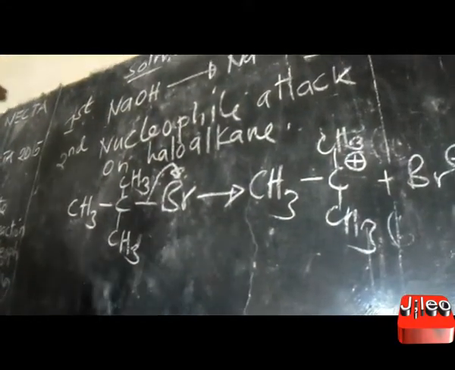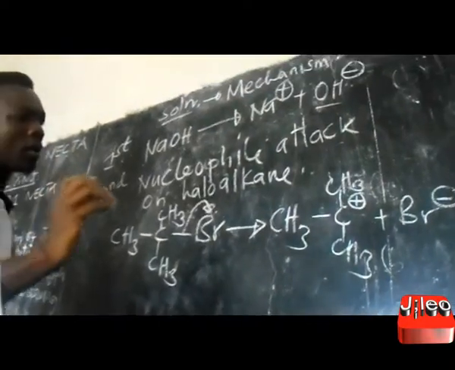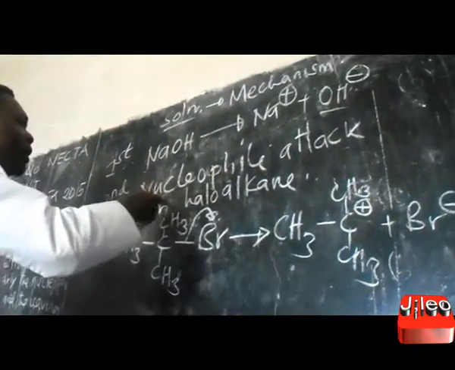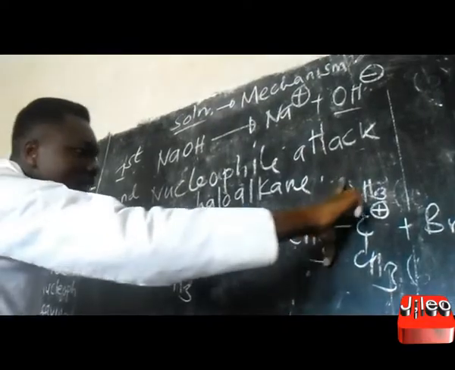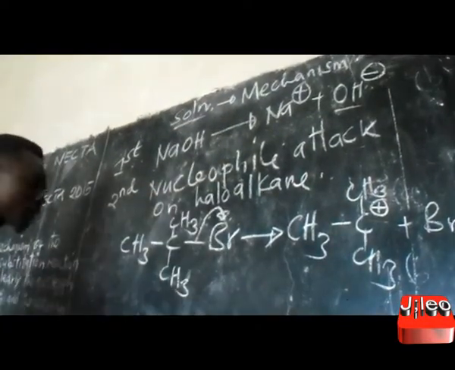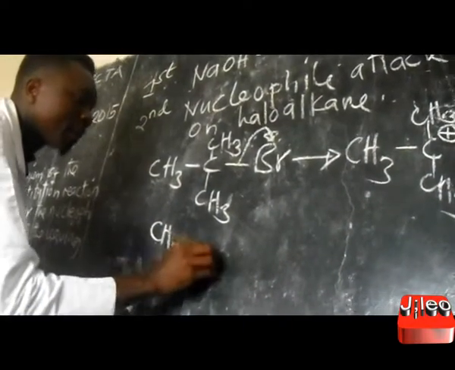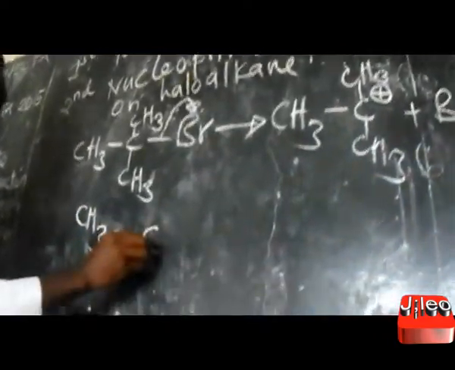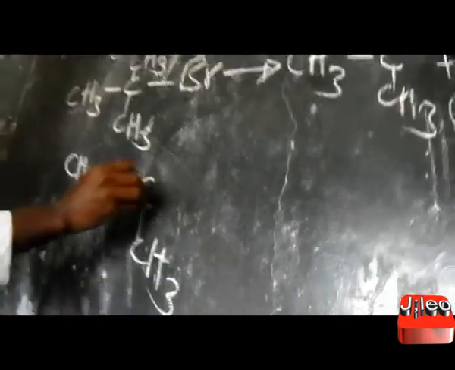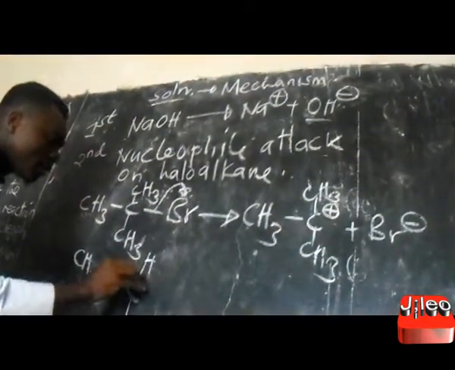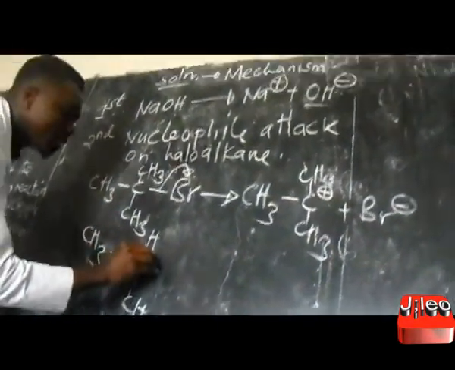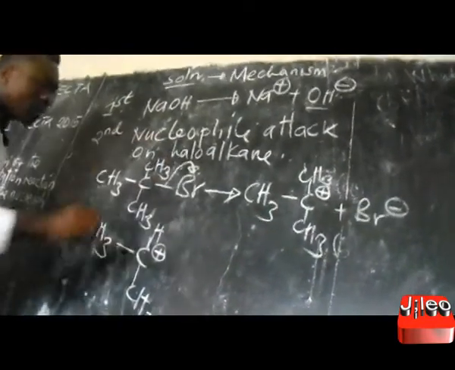After that, we come to another step, which is the nucleophile attack. We take this carbocation, arranged in a good manner: here CH3, here H, but here there is a carbocation.